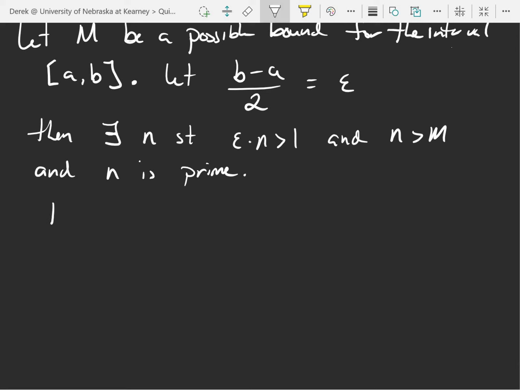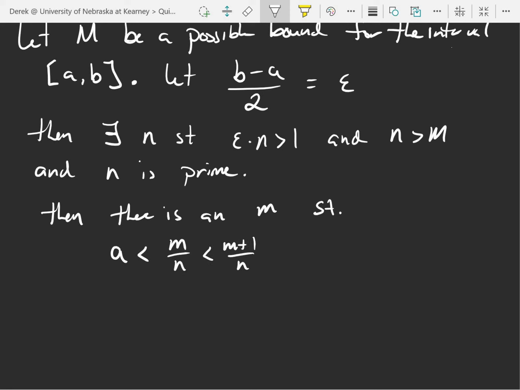Okay, so then there's an m such that a is less than m over n is less than m plus 1 over n is less than b. Okay, I needed both of these in here. That's why I had to divide the interval by 2.